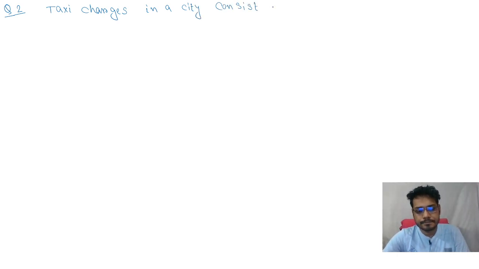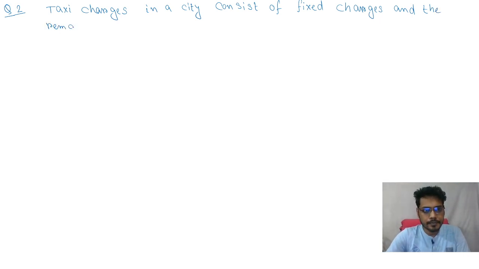Now question number 2. The question number 2, it is given the taxi charges in a city consist of fixed charges and the remaining depending upon the distance traveled in kilometers.